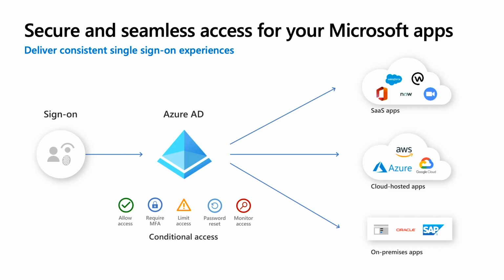They can provide access and control for their Microsoft apps. For their other SaaS apps like ServiceNow or Workday, they can provide access and protection for the apps they're running in public clouds like Azure, AWS, or GCP. And they can also provide it for those apps that they're running privately in their private clouds, or more importantly, on-premises.